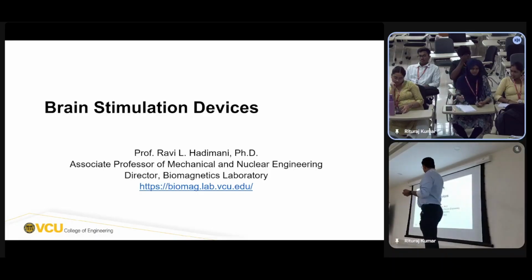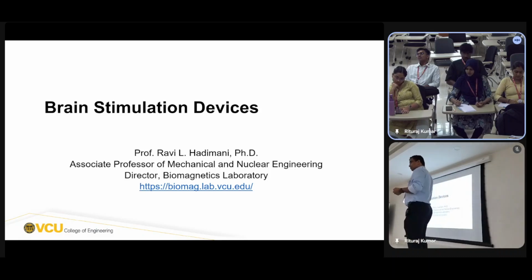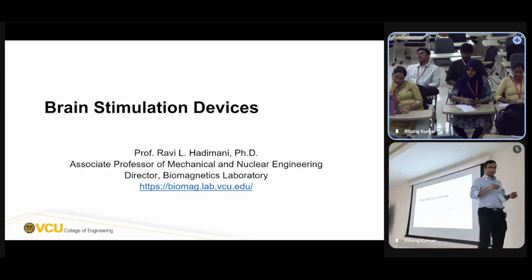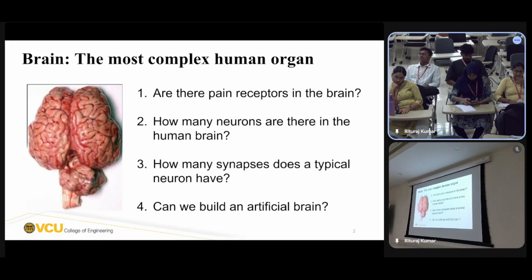So I'm going to show some images of the actual brain. It might look a little gory for some people, but please bear with me or look away if you can't tolerate it. That's our human brain. Okay?